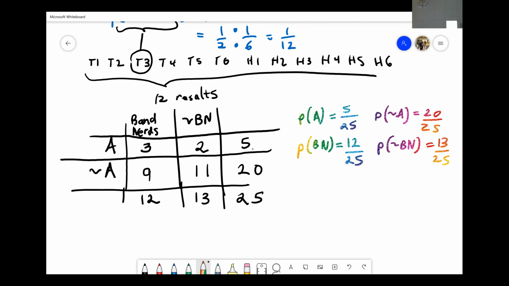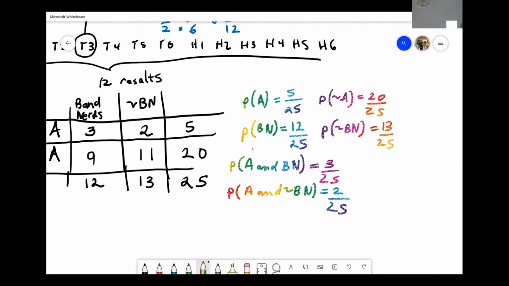Now, what's the probability of getting an A and being a band nerd? Yes. What is the probability of getting an A and not being a band nerd? 2 out of 25. You see how that's working?